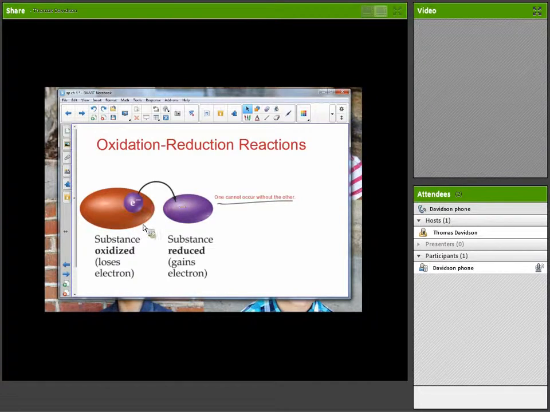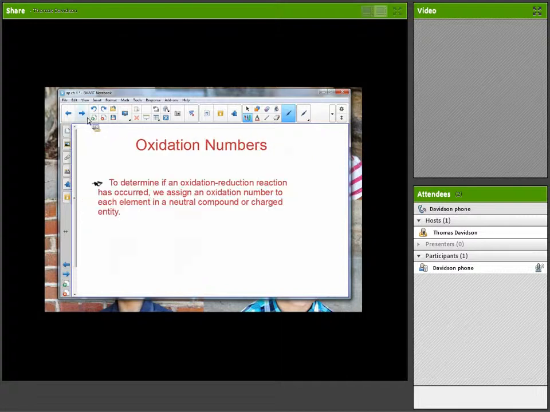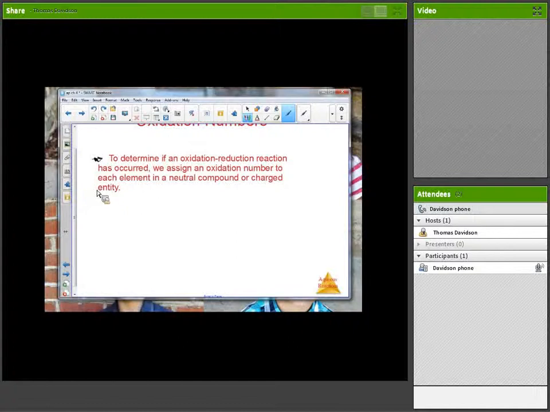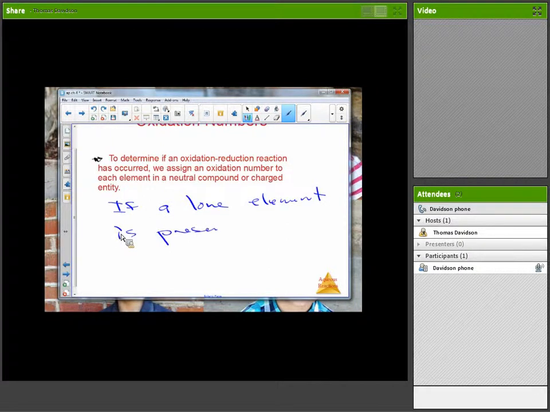Oxidation-reduction reactions. An electron moves from one place to another. Good enough? I think we were talking about that yesterday. To determine if an oxidation-reduction reaction has occurred, we assign an oxidation number to each element in a neutral compound or charged entity. Okay, first off, if a lone element is present, then you have a redox reaction.